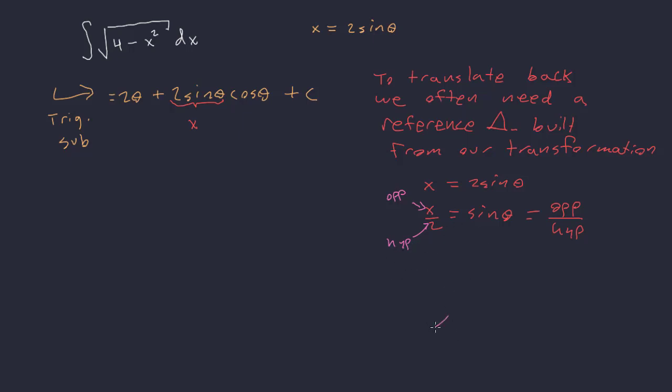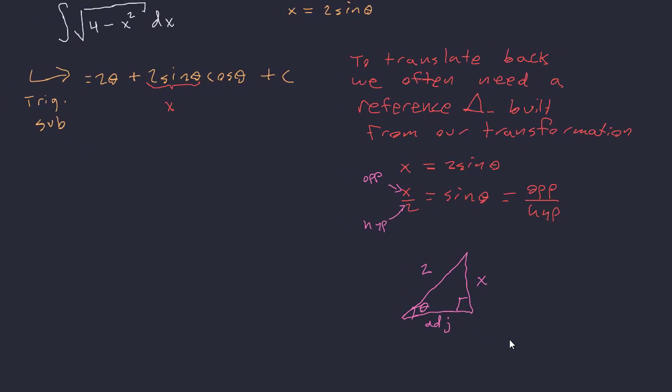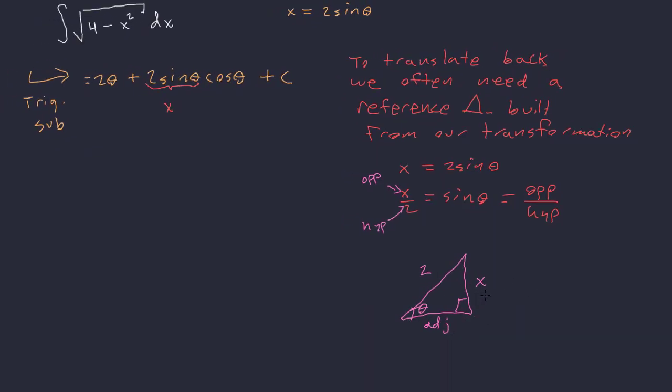Okay, so if we make our reference triangle, and I put theta here, the side opposite, well, that's going to be x from our transformation, and the hypotenuse will be 2. And now to find cosine, well, remember, cosine is adjacent over hypotenuse, so we need to find the side adjacent. Okay? So to do that, we're going to use our good friend, the Pythagorean theorem.